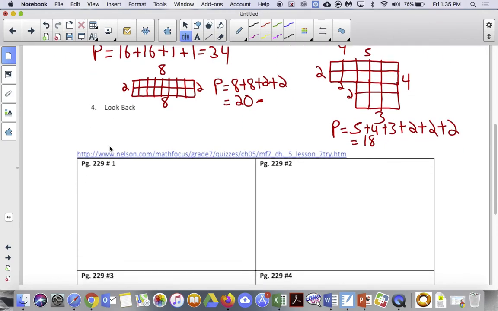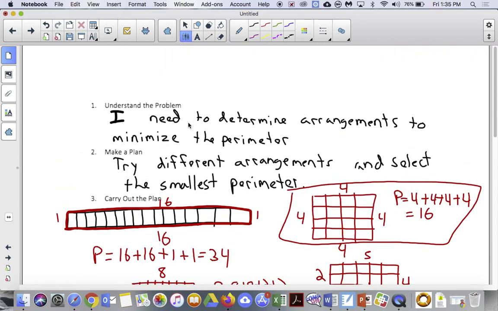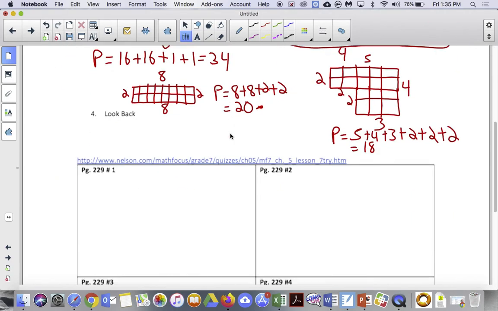I need to make arrangements to determine the minimal perimeter. I did that.